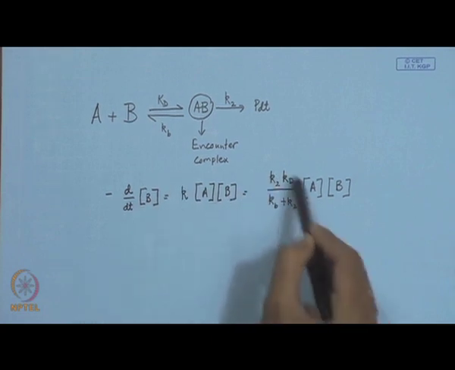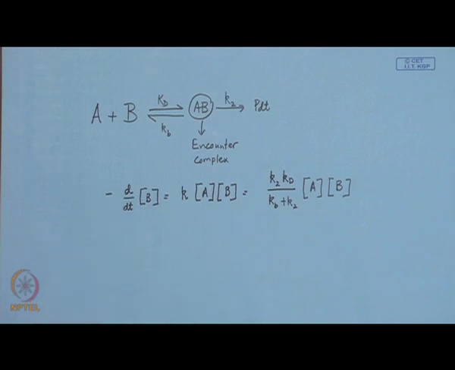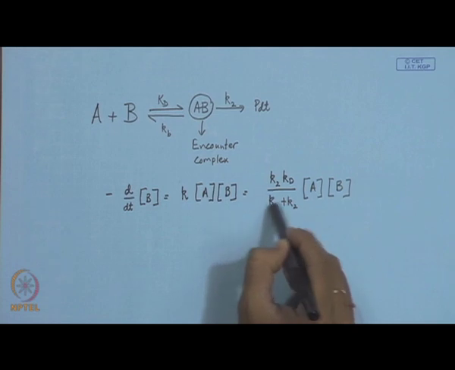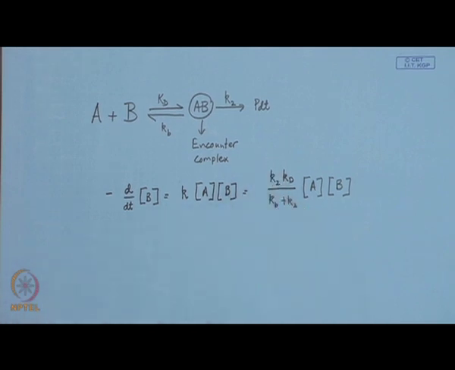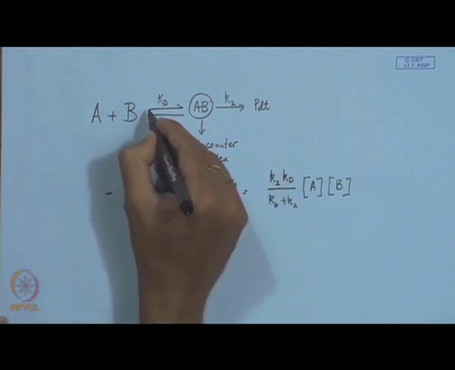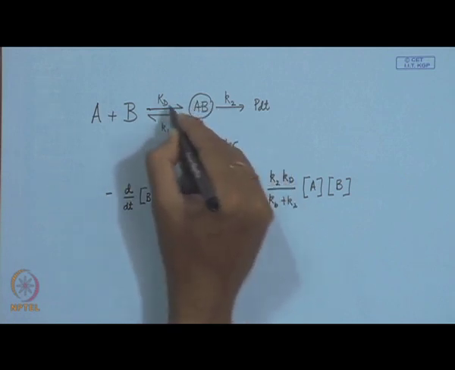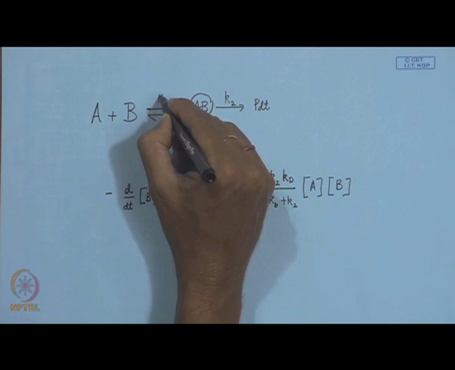Only if K2 is much larger than Kb, then the reaction is diffusion limited. If larger, then you can neglect this one and K2 gets cancelled. So, this is basically formation of your encounter complex. This is your diffusion rate Kd.